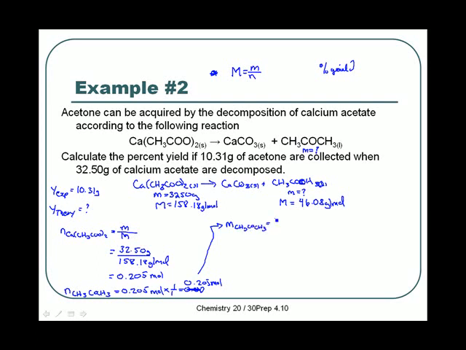Now we can use that to find the mass of acetone, CH3COCH3, which is equal to molar mass times our number of moles. Our molar mass is 46.08 grams per mole times our number of moles, 0.205 moles. So we take our answer times 46.08, 9.46.